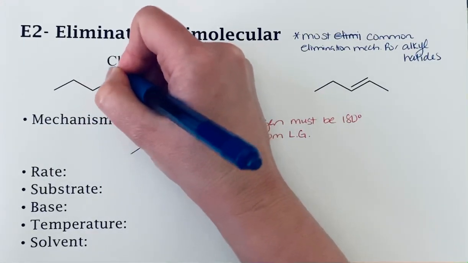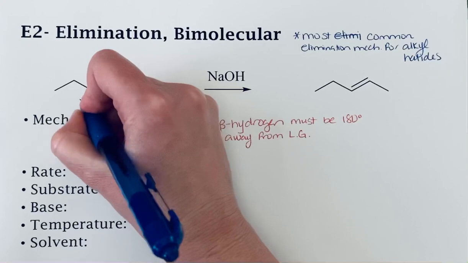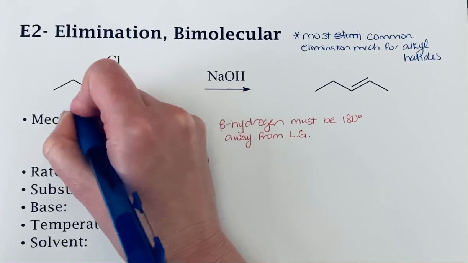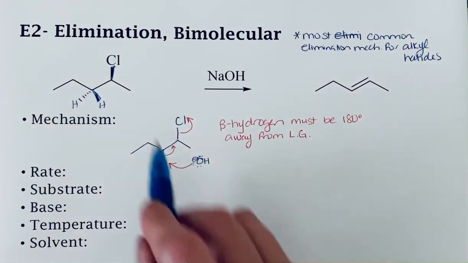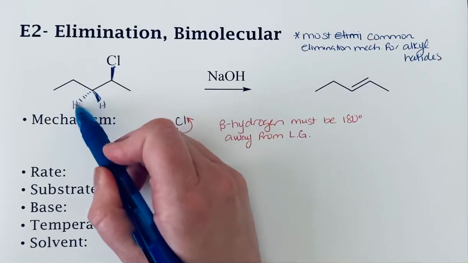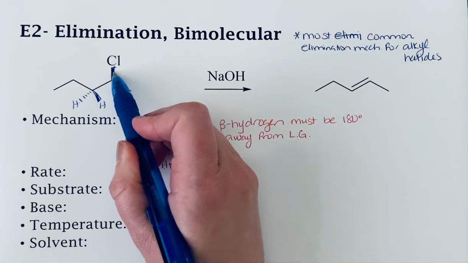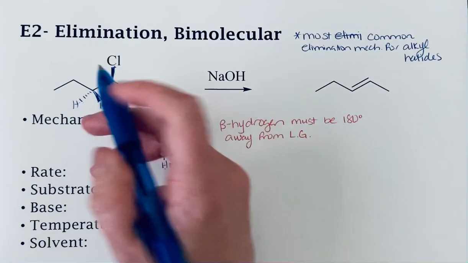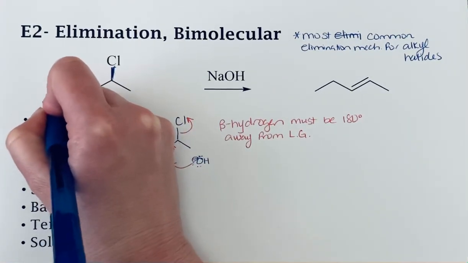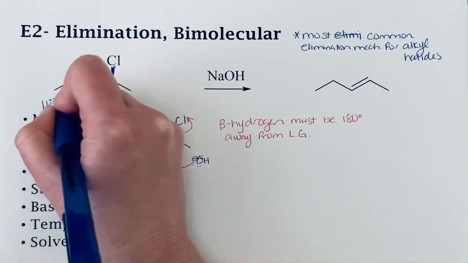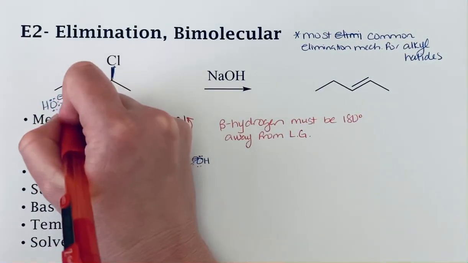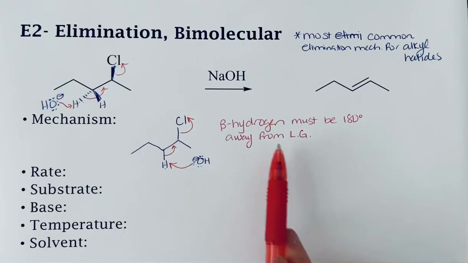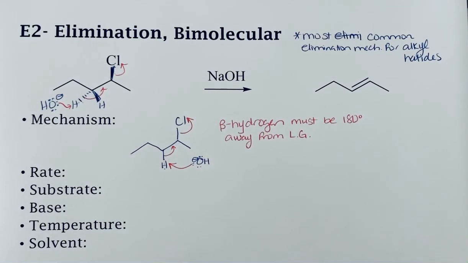Let's go ahead and draw in a wedge bond. So we have two hydrogen atoms on the beta carbon that we took a hydrogen from here. This one on a dash bond, that on a wedge. If you were to build a model and take a look at it, you'd see those are 180 degrees away from each other. So that would be the hydrogen that is being removed in this reaction. And we can see that a little bit better here. Okay, so that must be 180 degrees away from the leaving group.